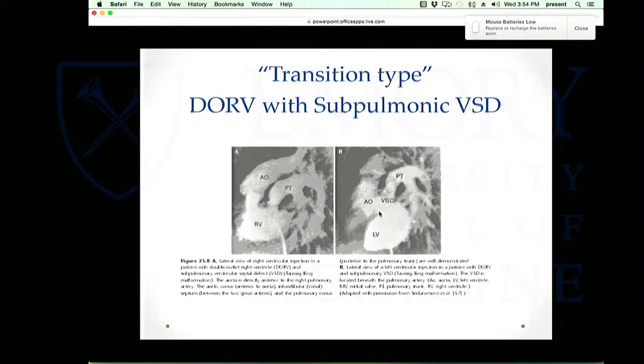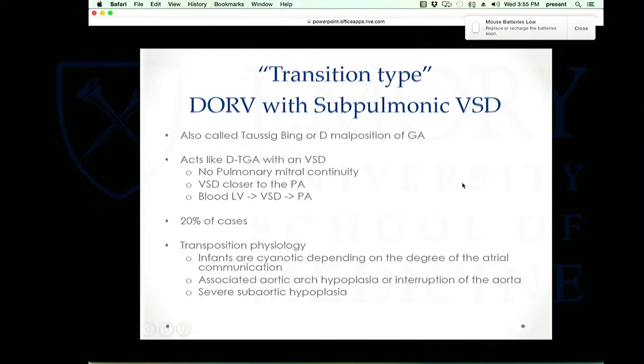And then you can see that the VSD is a lot closer to the pulmonary artery compared to the aorta, which is way over here. So the blood would flow a lot easier from the LV across the VSD to the pulmonary artery and give you that complete transposition of the great arteries type of physiology.